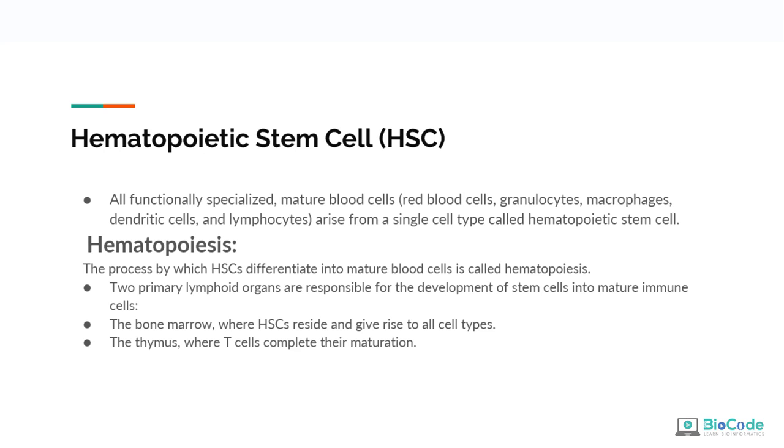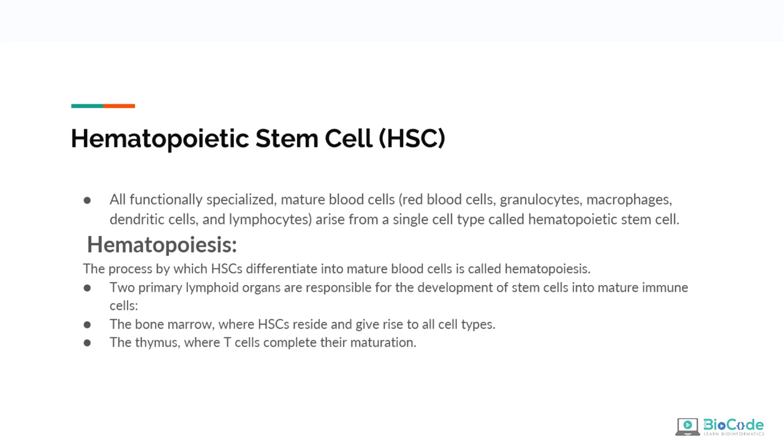As we know, stem cells have the ability to differentiate into any type of specific cell. That's why the term stem cells is used here, because these hematopoietic stem cells can differentiate into any type of blood or immune cell like red blood cells, granulocytes, and lymphocytes.